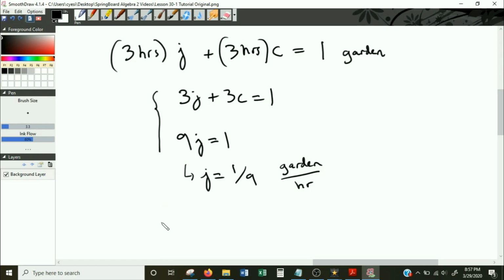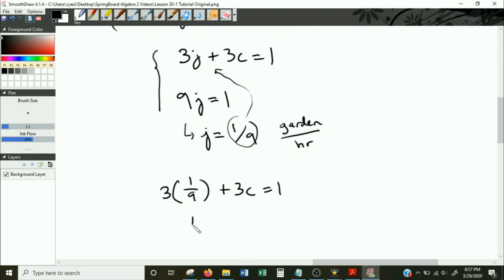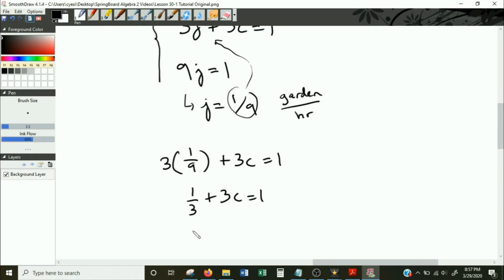So what I'm going to get is 3 times 1/9. So I'm plugging this thing into here. Okay. So I get 3 times 1/9 plus 3C equals 1. So I just simplify it. This is going to be 1/3 plus 3C equals 1. Subtract 1/3 from both sides.